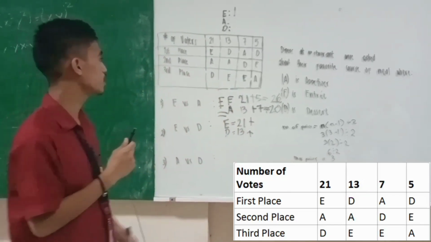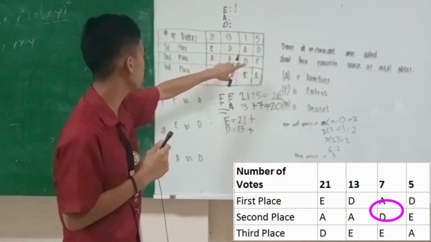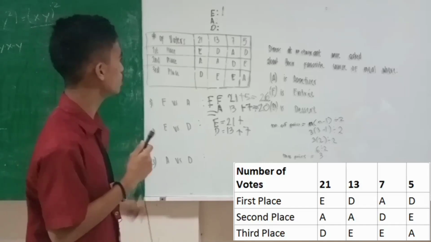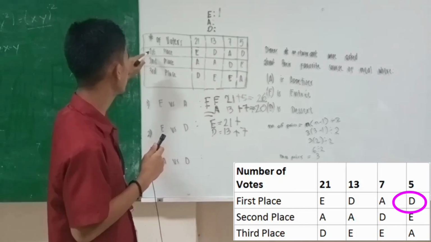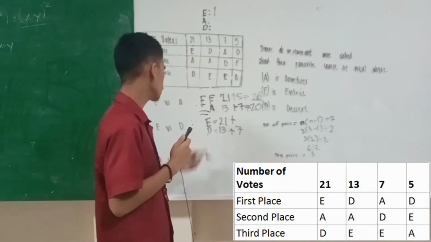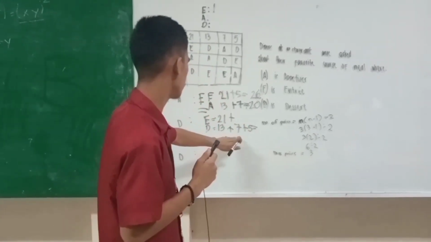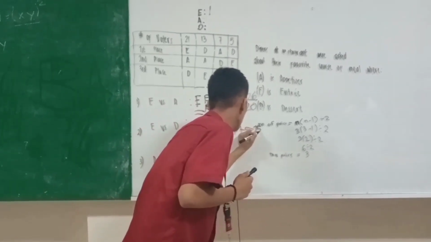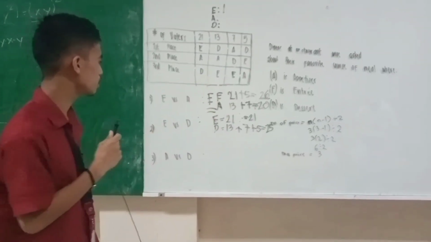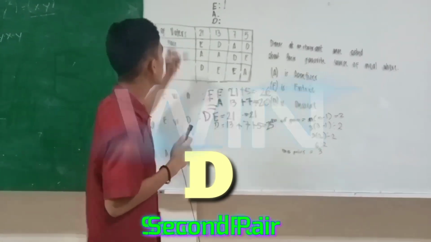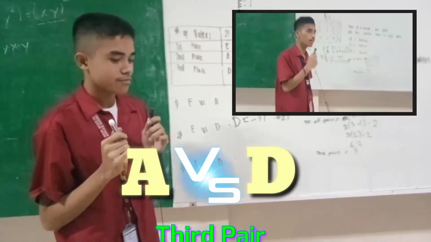In the third column, the dessert gets 7 points, and in the last column, the entree gets second place with 5 points and the dessert is first. So the dessert plus 5 equals 25, against 21. The winner of this pair is dessert. So the dessert gets 1 point.